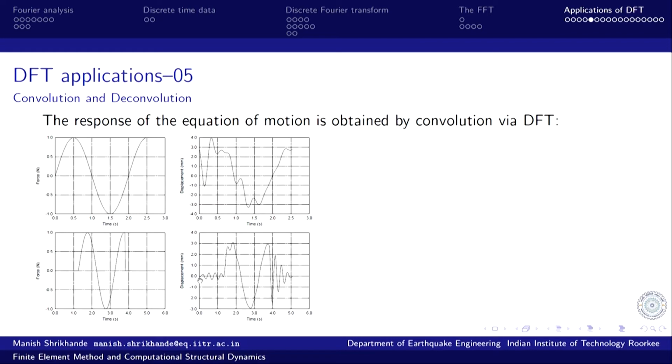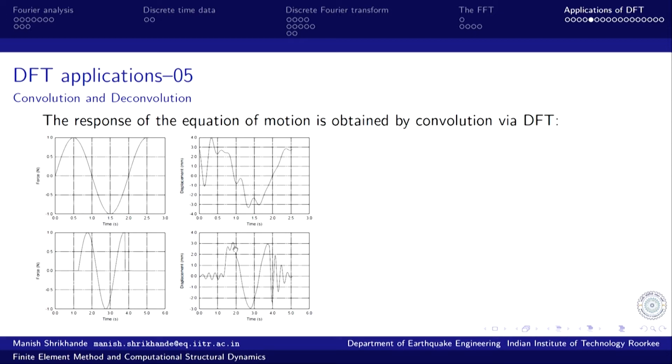The response is significantly different from what we had in the earlier case. There is some ripple here, again this is erroneous, because there cannot be any response before the excitation is applied. The excitation comes at about 1.25 seconds.